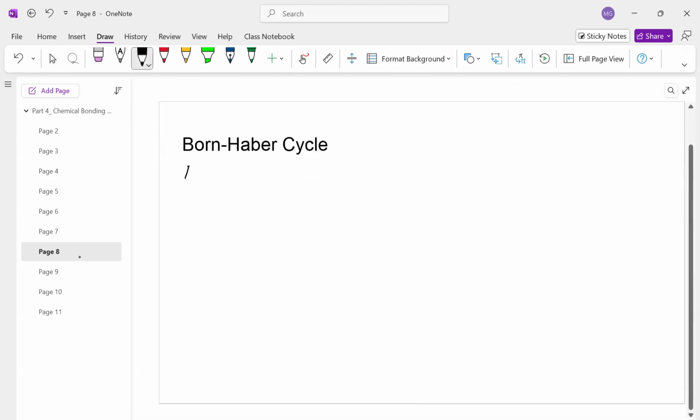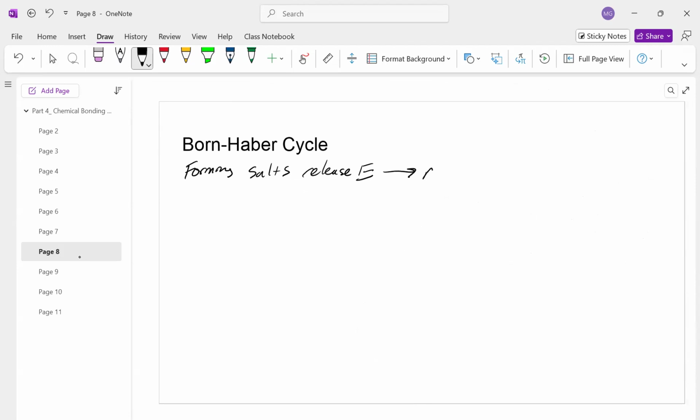As I said earlier, forming salts releases energy, an exothermic process, and the result of that is more stability. So if I take sodium metal and chlorine gas, it makes sodium chloride and releases energy.